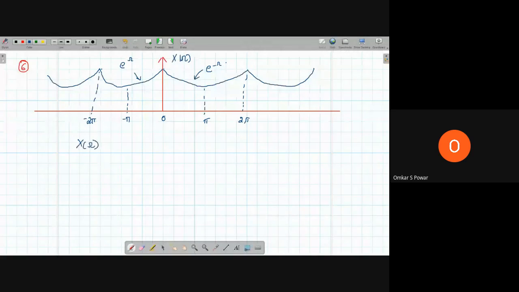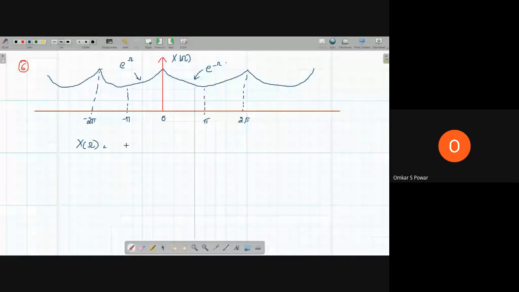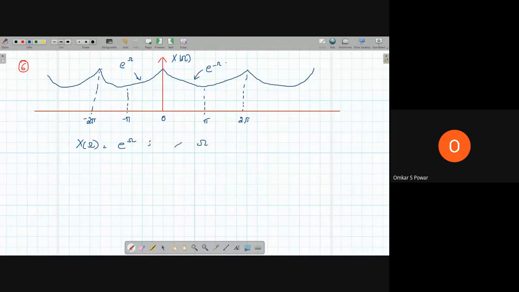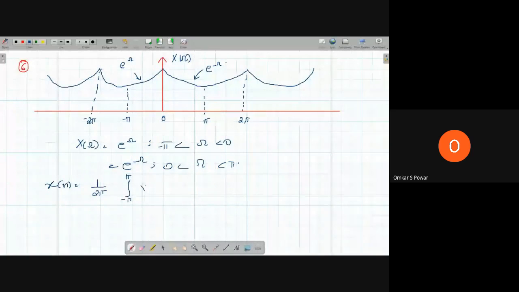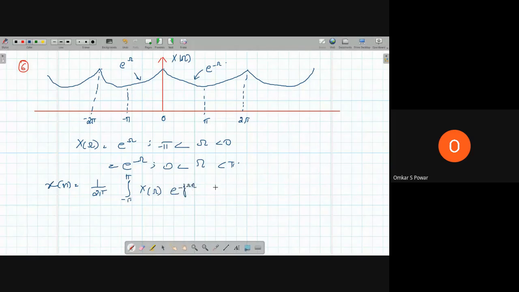So X of omega is equal to e power plus omega, where omega lies from minus pi to 0. Then e power minus omega, where omega lies from 0 to pi. Then again, use the formula x of n is equal to 1 by 2 pi integral minus pi to pi X of omega e power j omega n into d omega.